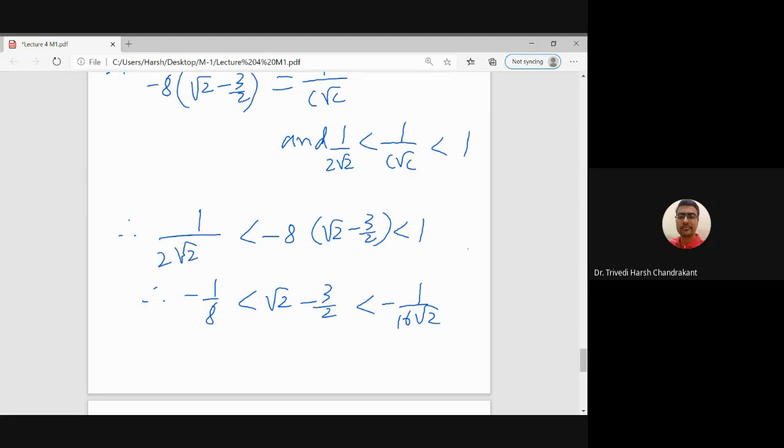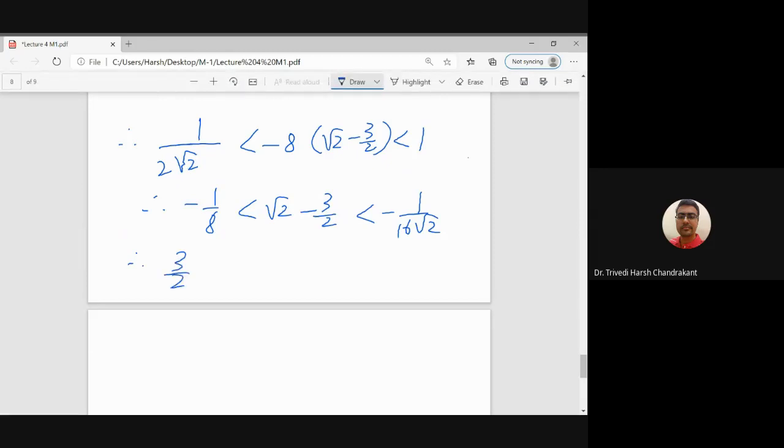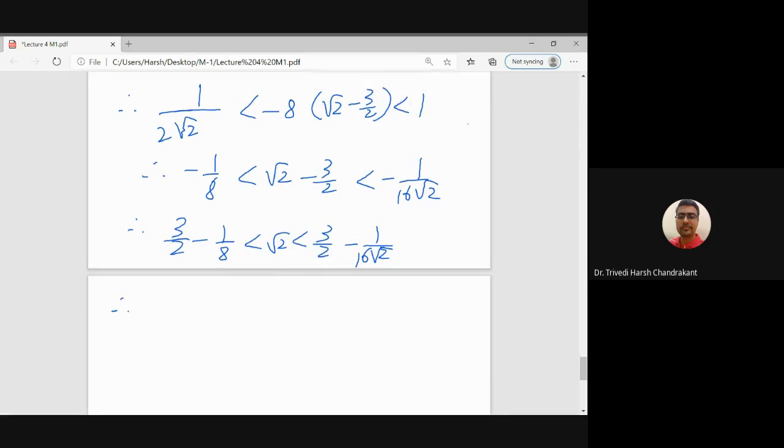So this will basically give us an estimate that 3 by 2 minus 1 by 8 less than root 2 less than 3 by 2 minus 1 by 16 root 2, and that will give us 11 by 16 root 2 less than 3 by 2 minus 1 by 16 3 by 2.